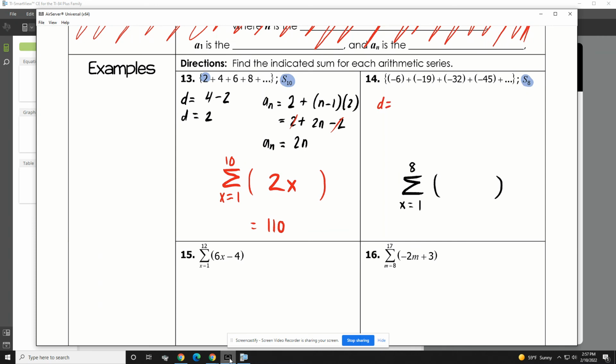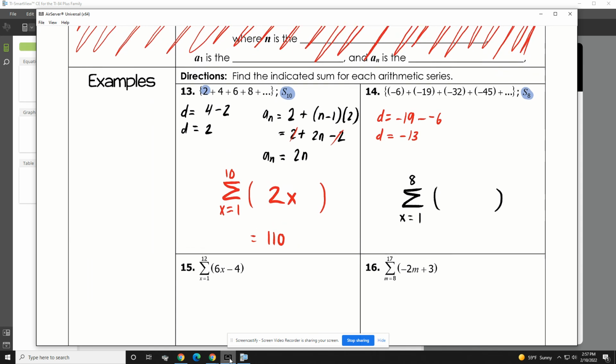Second term, negative 19, minus first term, negative 6. Well, minus a negative turns to plus. Negative 19 plus 6 equals negative 13. There's my common difference. So here we go. We're ready to write our formula. A sub n equals a sub 1, negative 6, plus n minus 1 times d, which is negative 13.